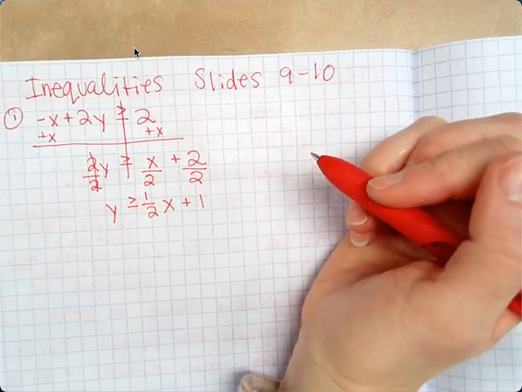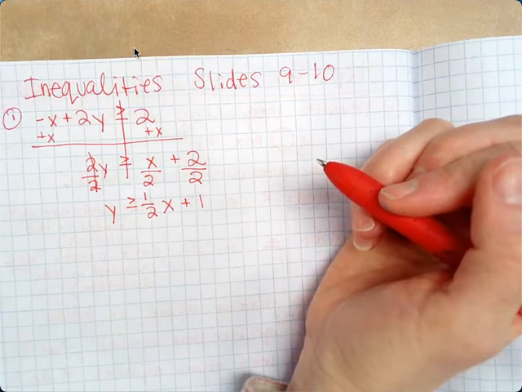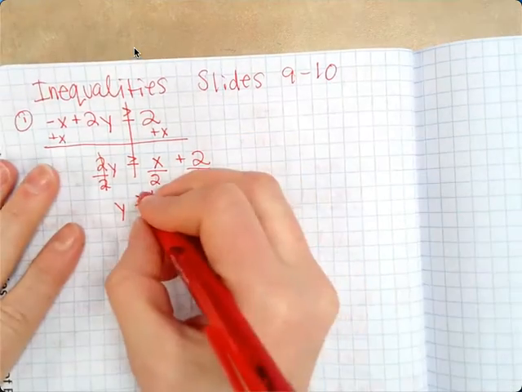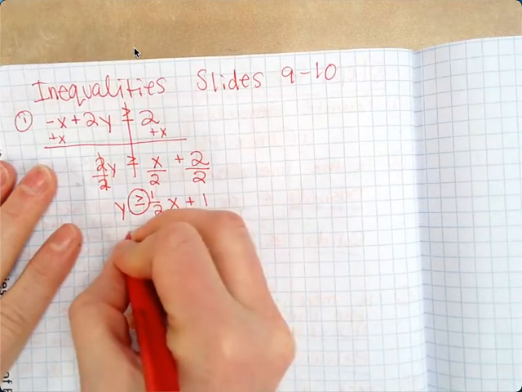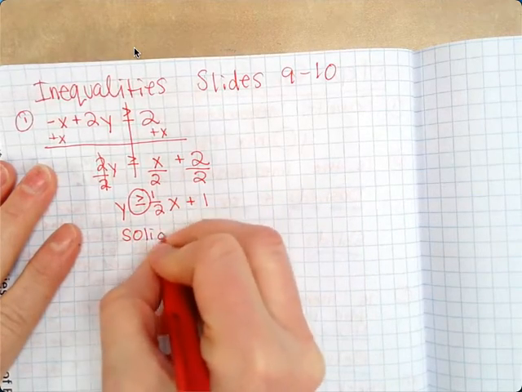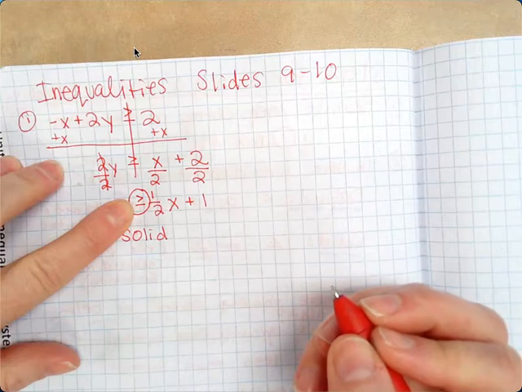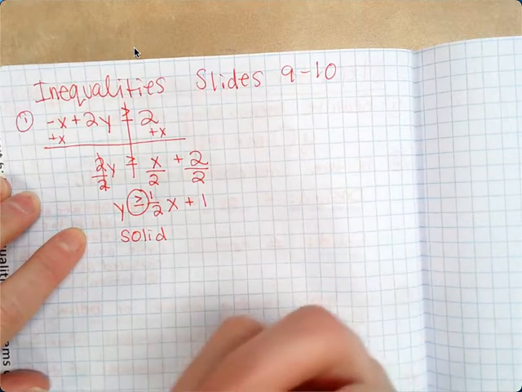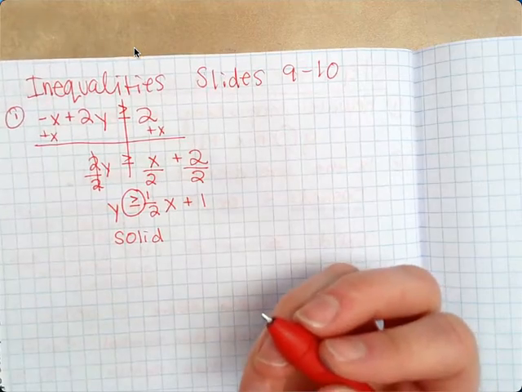So now it's in slope-intercept form. So now we can decide is it going to be dashed or solid? Solid because of that or equal to. And then it's a greater than sign, so how are we going to shade it?